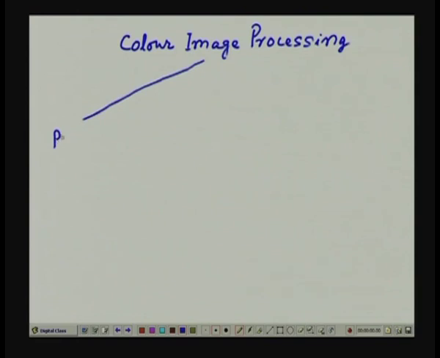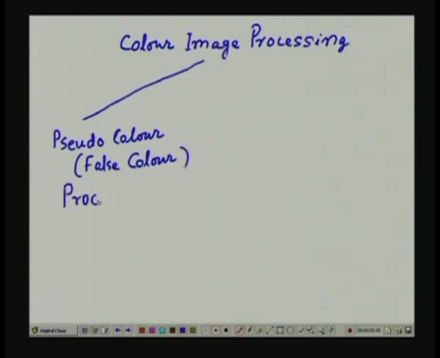One is called pseudo color image processing, or this is also known as false color, so pseudo color processing, and the other category is what is known as full color image processing.